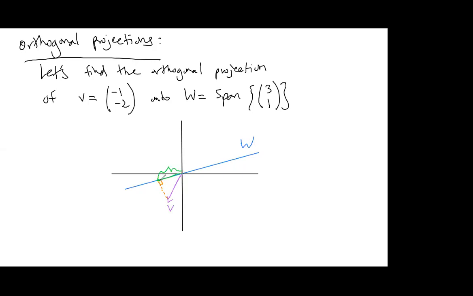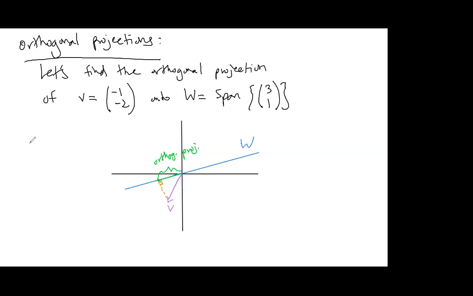This vector right here is the orthogonal projection. It's not the orange thing. The orthogonal projection needs to be on W, and this orange thing is not on W, it's orthogonal to W.